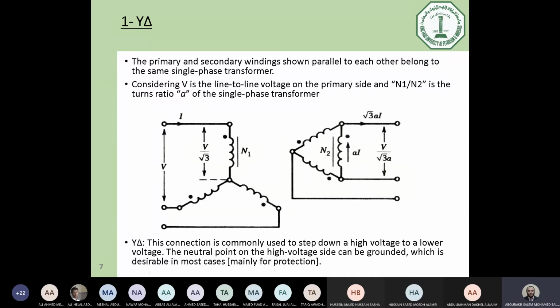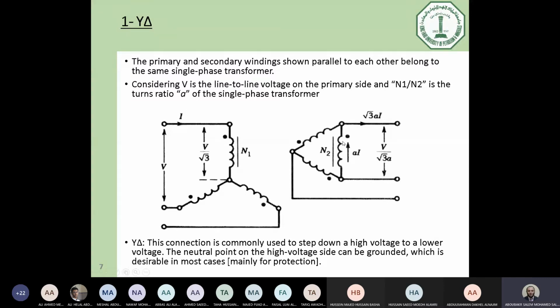So you can apply the transformer turns ratio only on phases. So the phase volt here, V over square root of 3, will be transmitted to the other side and divided by the turns ratio. So the voltage on this phase will be V over square root of 3 over turns ratio.